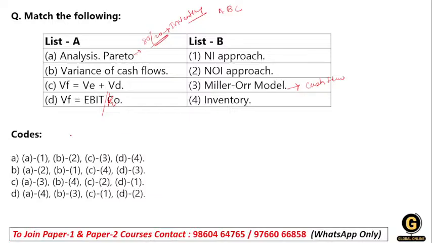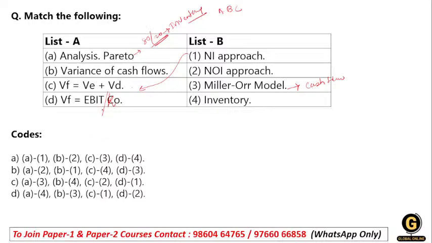Now the value of the firm is equal to value of equity plus value of debt. This is what we study in the NI approach.